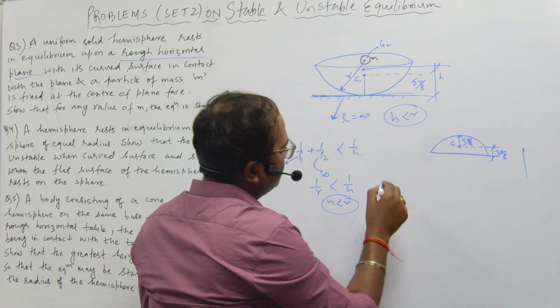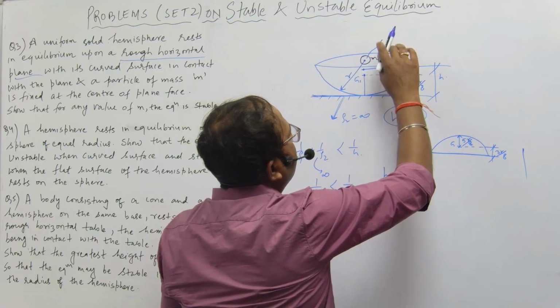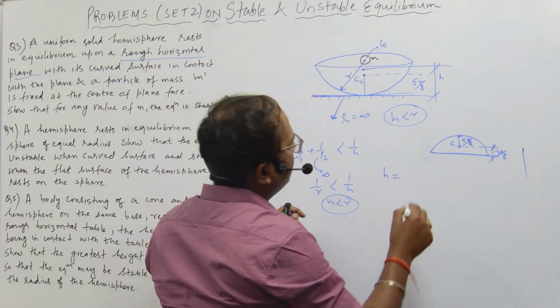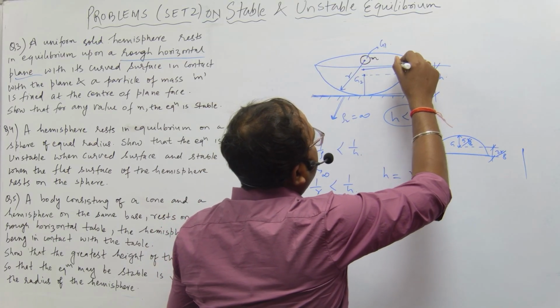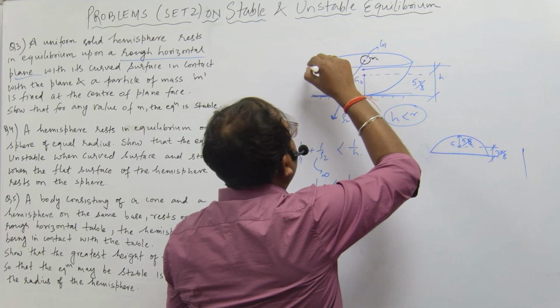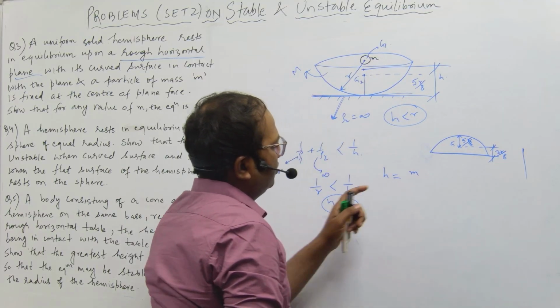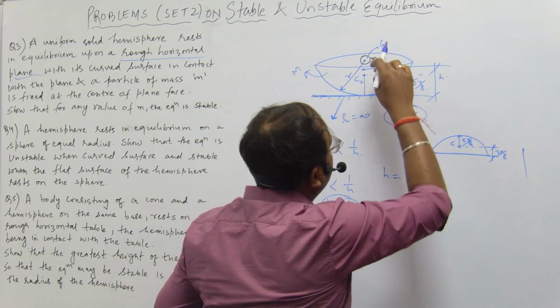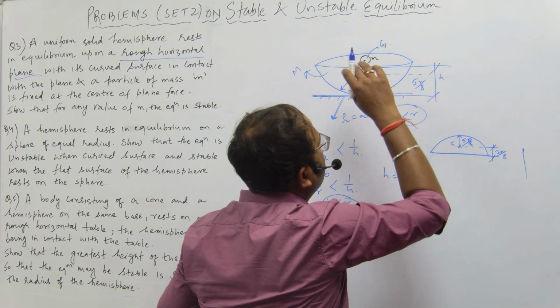Okay, so the h will be, so let us take this as G1 and this is G2. Okay, so the h will be m times of, and let us take mass of this hemisphere alone as capital M. Okay, so we have the center of gravity of the combined system consisting of this small particle of mass m and this hemisphere.